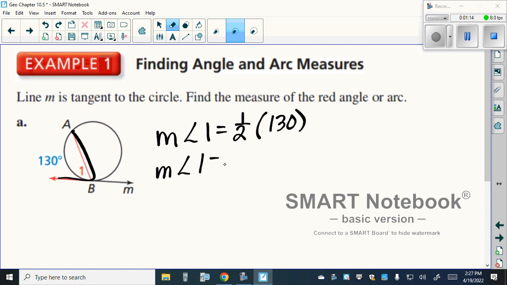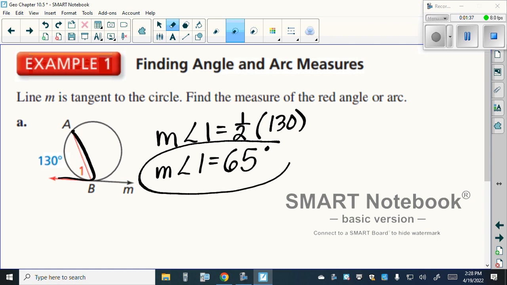Yes, but it's in a little bit different setup, because what we talked about yesterday was intercepted angles where the vertex was on the circle. So it's a little bit different setup, but the formula is the same. So here we're taking half of 130, or dividing 130 by 2, which gives us what? So here the measure of angle 1 is 65 degrees.